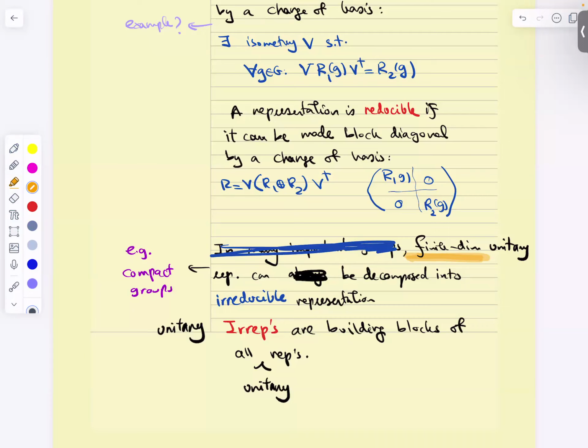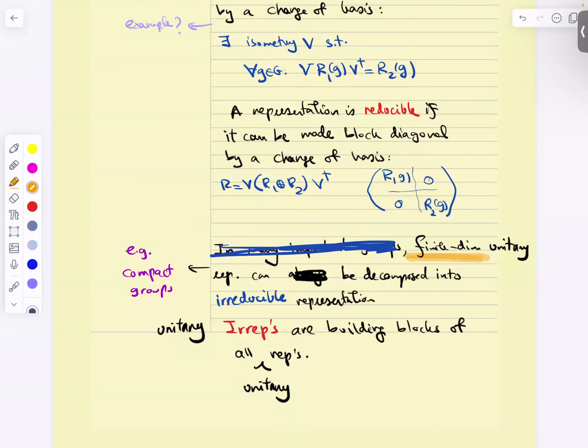Here are two statements. Any non-compact group. You know what a non-compact group is, right? Give me an example of a non-compact group. R is non-compact.